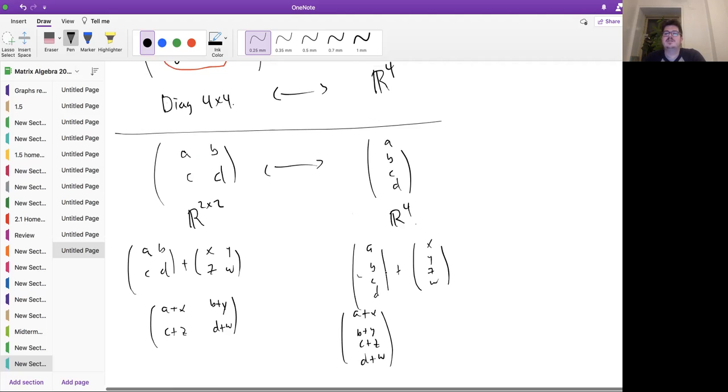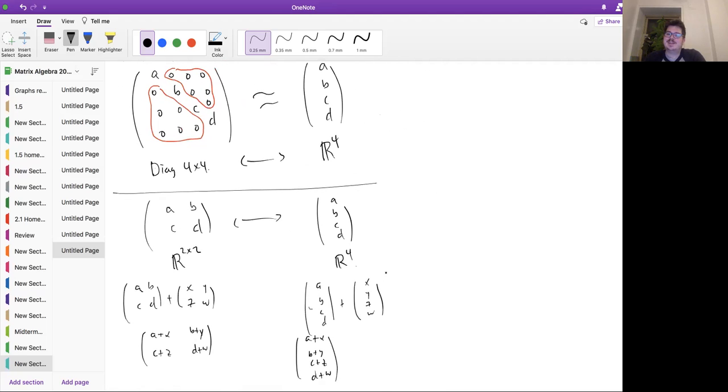So it's not true though if I add multiplication, right? Matrix multiplication is weird, and it doesn't really work the same way with vectors. There is no multiplication of vectors, or at least that's nice. Maybe it behaves the same way.